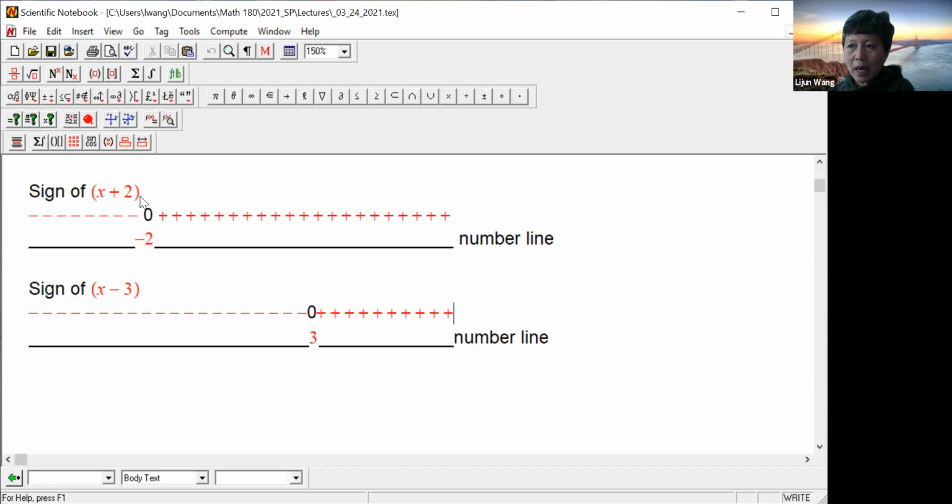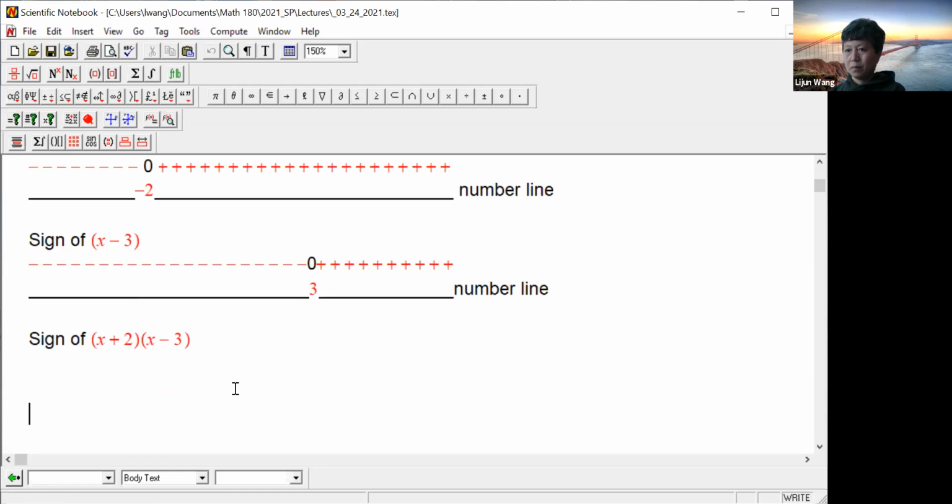We know the sign distribution of x plus 2, and we also know the sign distribution of x minus 3. How about the sign of the product?